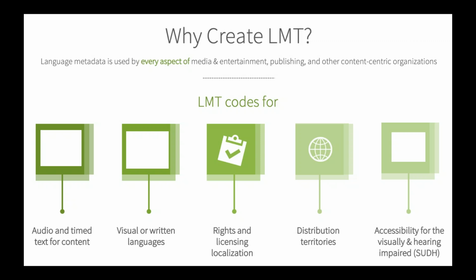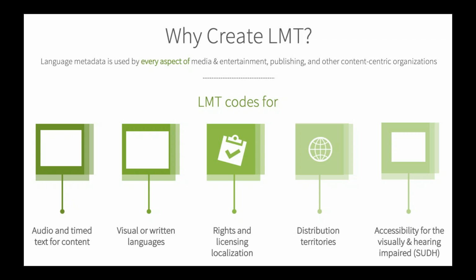So from localization, you want to know what's out there, but also from a rights and licensing perspective, what languages is one allowed to use or apply, or what is one buying? The distribution territory, so I mentioned Latin American Spanish, and that was again one reason why we needed to go. We couldn't use the ISO 639 code for languages because they were by country, or we combined those with 3166.